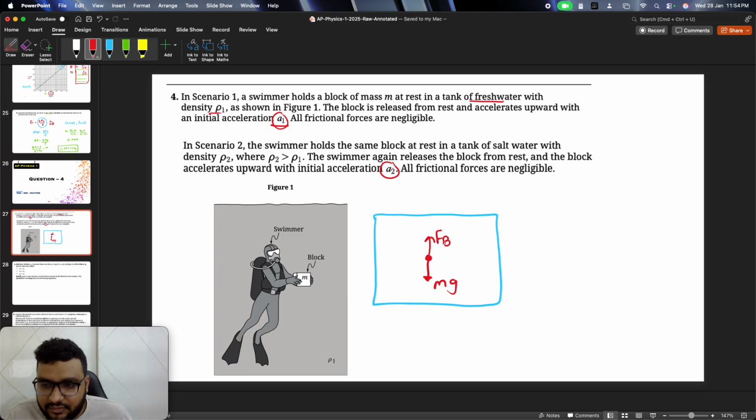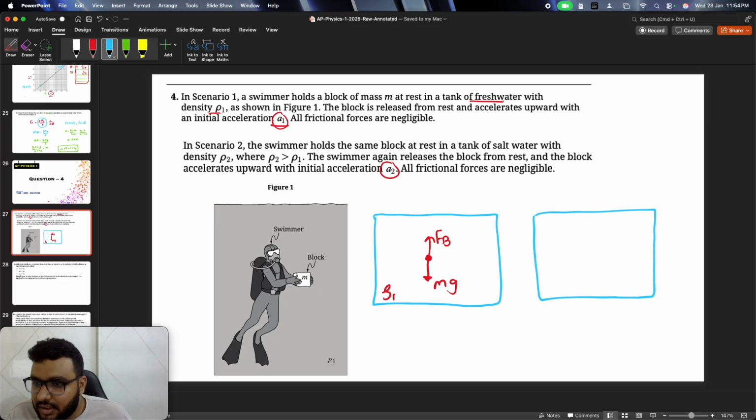Here this is the case of density ρ1. A similar case I can also draw for the density ρ2. So I'll have the same thing, and the buoyant force is going to be ρ1 times the volume times the gravity g.